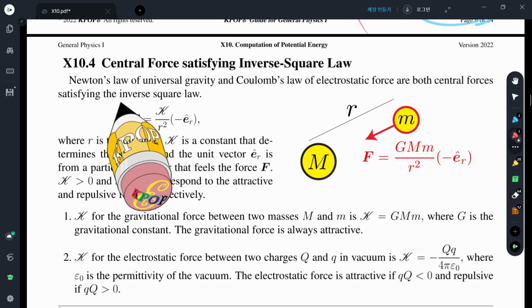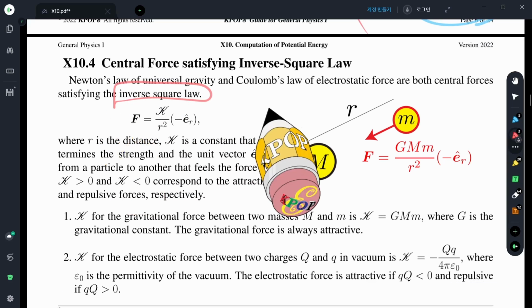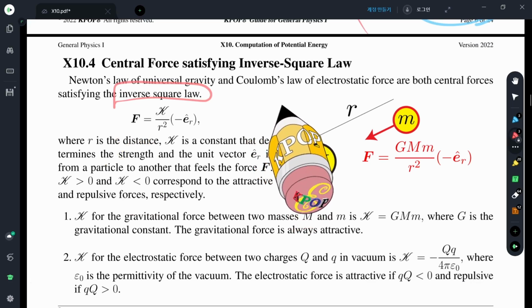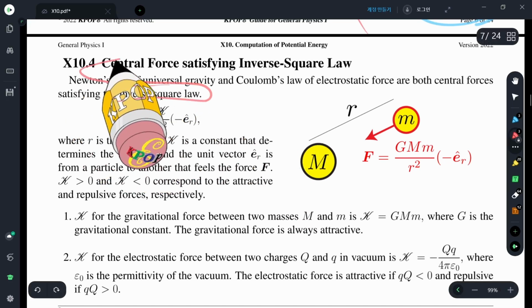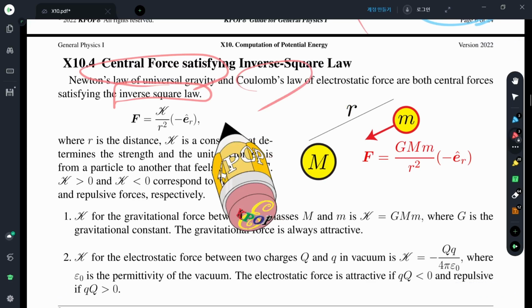But the inverse square law is satisfied by the gravitational force and Coulomb force. Newton's law of gravity and Coulomb's law for electrostatic force, both of them satisfy the inverse square law.